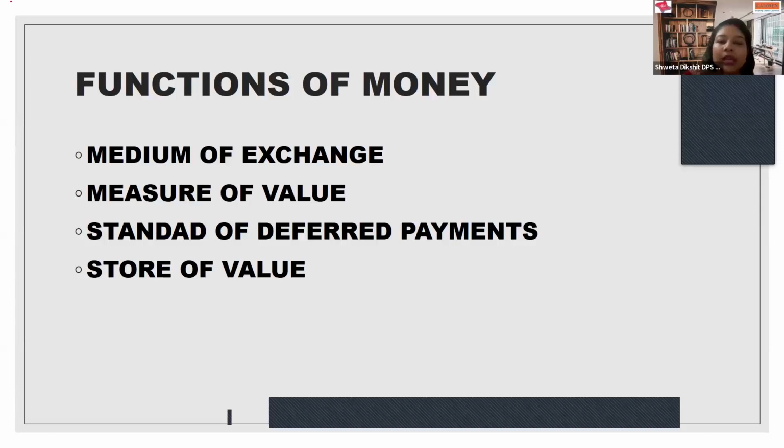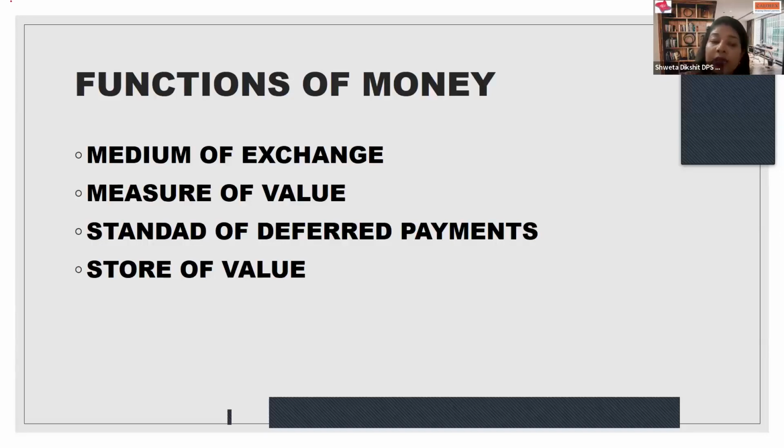Store of value. Earlier, it was impossible to store everything. Yes, certain things could be stored, like gold, silver, and many more precious things. But every consumption good could not be stored and could not replace its uses in future, like after a few months or a few years, it was not possible.